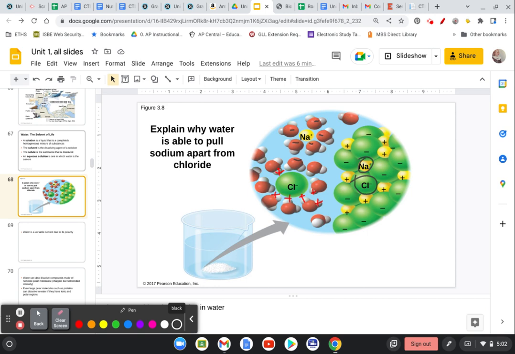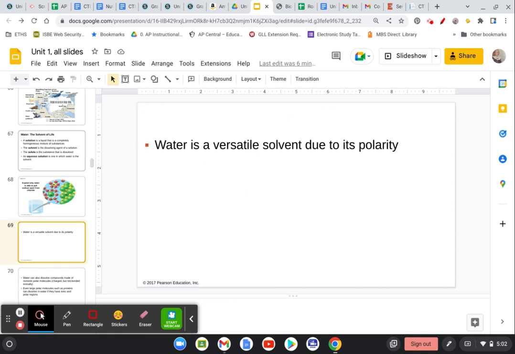And so we oftentimes talk about, it might be an essay prompt, where they ask you, water is a universal solvent, explain why it's a universal solvent. And you would go on to talk about its polarity.